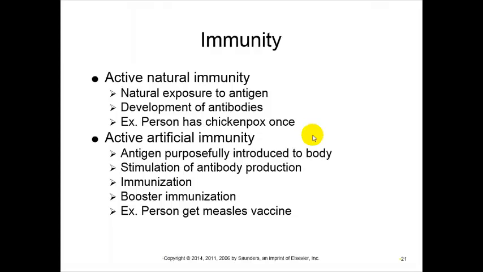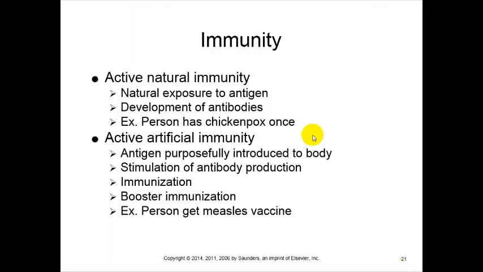We can stimulate that artificially with vaccinations and immunizations. So the antigen is purposely introduced in the body. Usually, it's a harmless version of that antigen, so maybe just the proteins that were found on top of that bacteria, or the proteins produced by that virus.